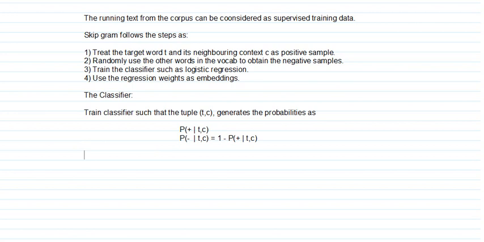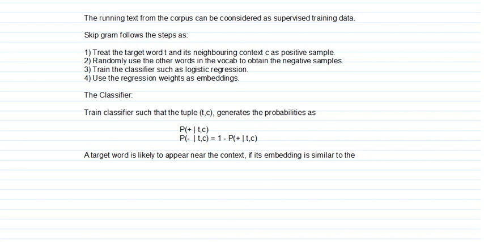So what our aim becomes is that a target word is likely to appear near the context C, or simply the context, if its embedding is similar to the context embedding.